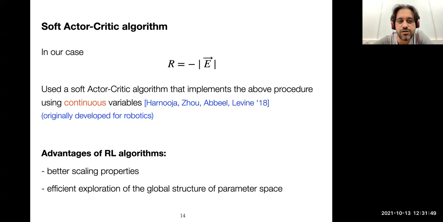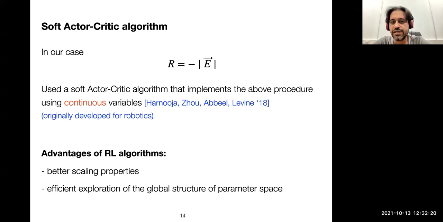One of these algorithms is the Soft Actor-Critic algorithm by Haarnoja, Zhou, Abbeel, and Levine that was developed in 2018. It was originally developed for a completely different problem. They were interested in robotics. If you look at their paper, all the applications are about robots and how they interact with their environment. But it's exactly the same kind of algorithm that we can take and apply in our context with these truncated, reduced crossing symmetry equations.